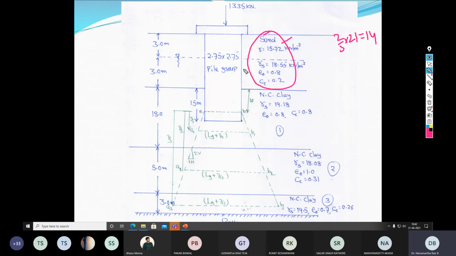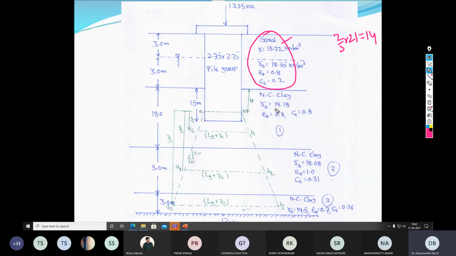But here 6 meter is a significant depth, and this 6 meter can show a considerable amount of elastic settlement. So therefore this is accounted for in the form of elastic settlement, and the remaining clay layer is accounted for the consolidation settlement. So this is the second analogy.